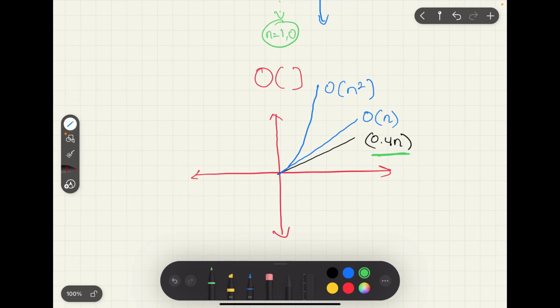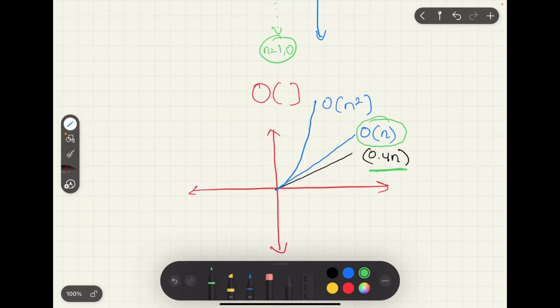O of n square is an upper bound for this complexity, and O of n again is an upper bound for this complexity. But when we are giving the big O notation, we'll say that this solution runs in big O of n, because this is a tighter upper bound on this time complexity. So whenever we are trying to give the big O time complexity, we'll try to come up with an approximate time complexity, but that would be the tightest bound, or asymptotically tightest complexity, that we can come up with.